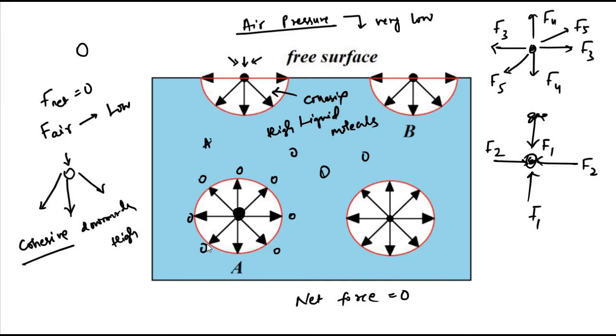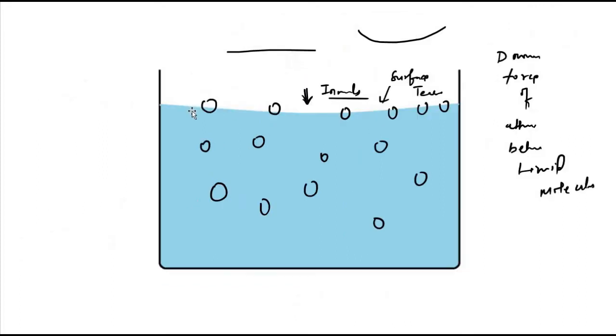It is attractive in nature. All the molecules which are present here cause cohesive force of attraction which is high in magnitude as compared to the air pressure, the molecules of air. So as a result, the molecules which are present at the top get a little bit pulled downwards.